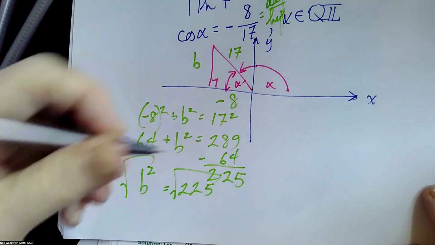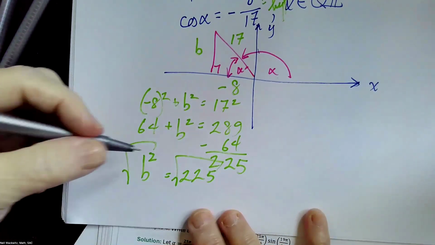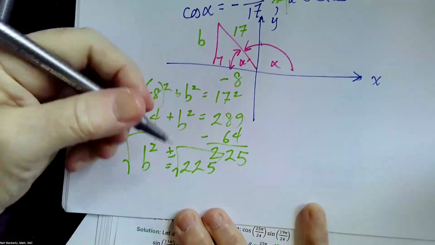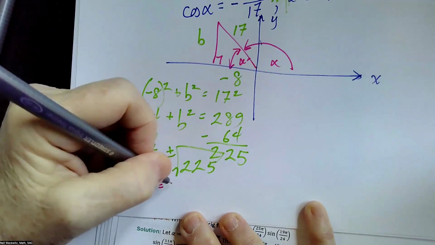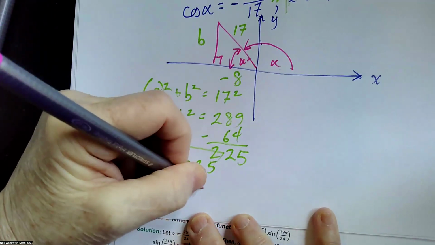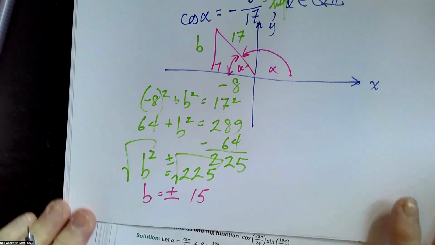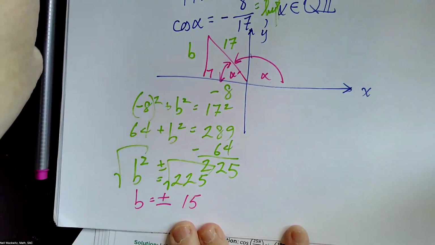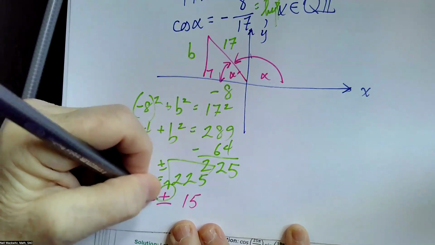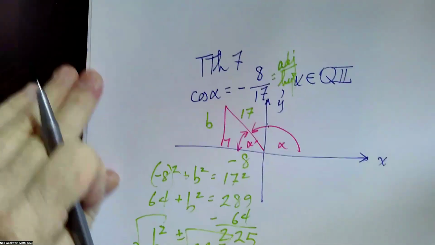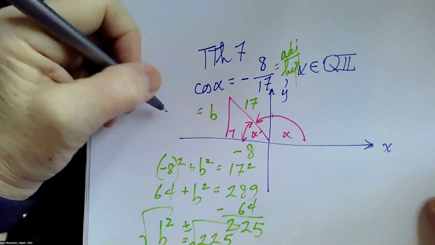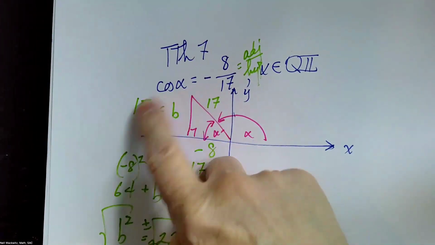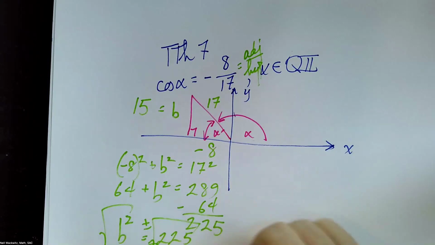That's nice because 225 has a nice square root. And I get that b is plus or minus 15. In quadrant 2, b is positive, so we're going to choose this positive value. So we get that b is 15. And now we've got all three sides of the triangle labeled.